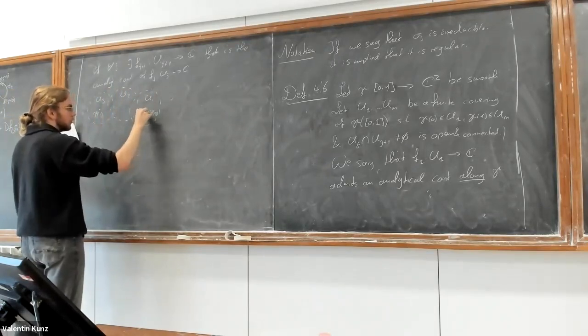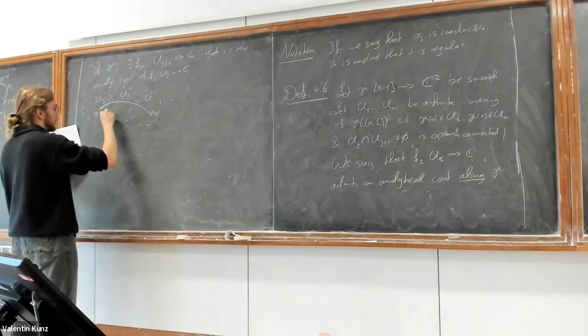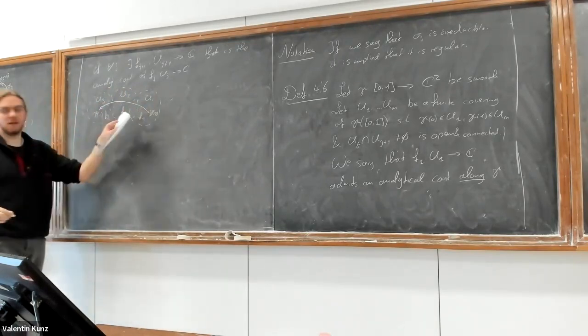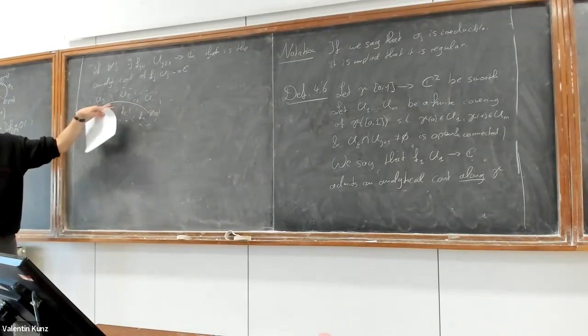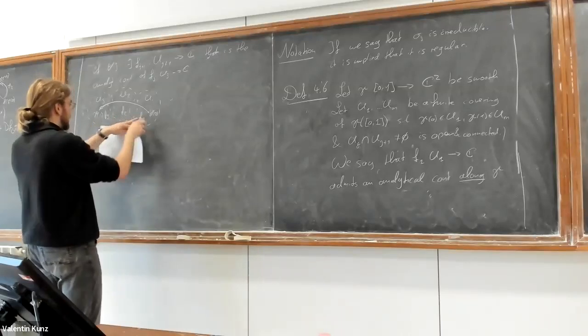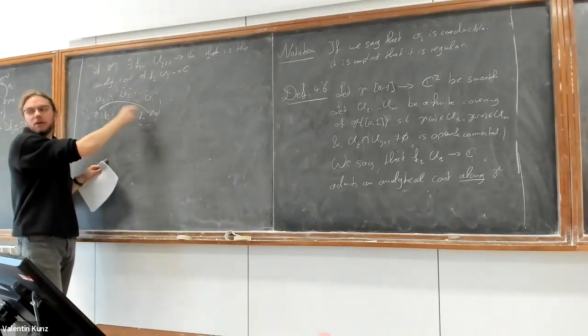I have gamma of 0, and this is gamma, and then I have F3, F2, F1. This family is linked to the covering that I've chosen. Assuming I fix the covering, I started with U1, F1, and a path.